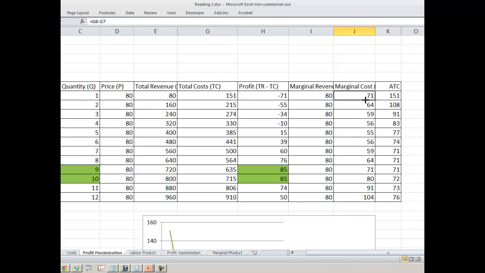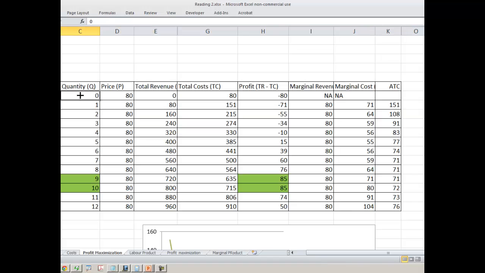My marginal cost is, initially, the marginal revenue is 80, the additional revenue you are bringing. Your marginal cost comes as your total cost minus your initial cost. Note that I have hidden one cell here also. When you are bringing zero quantity, total revenue was 0, but you had some total fixed cost, which is 80, right?